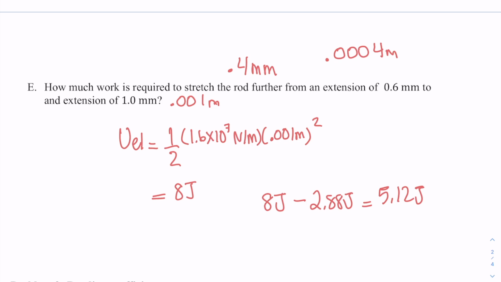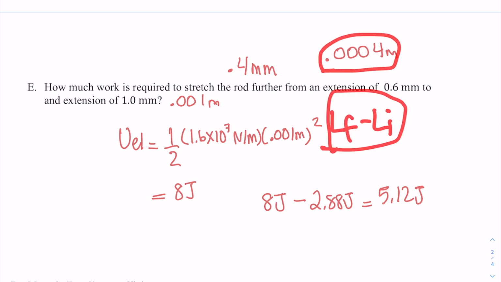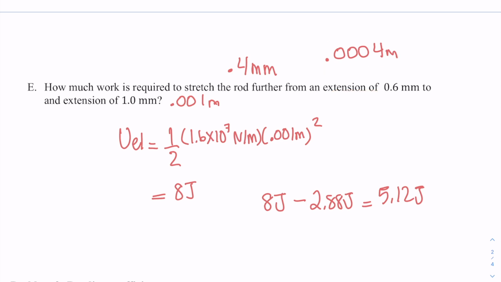Based on the definition of delta L being the distance that you compress or stretch an object, I don't think you would just be able to do LF minus LI, because whatever this is, this would be the 0.004 meters. That would just tell you what the elastic energy is at that distance, which is 0.4 millimeters.